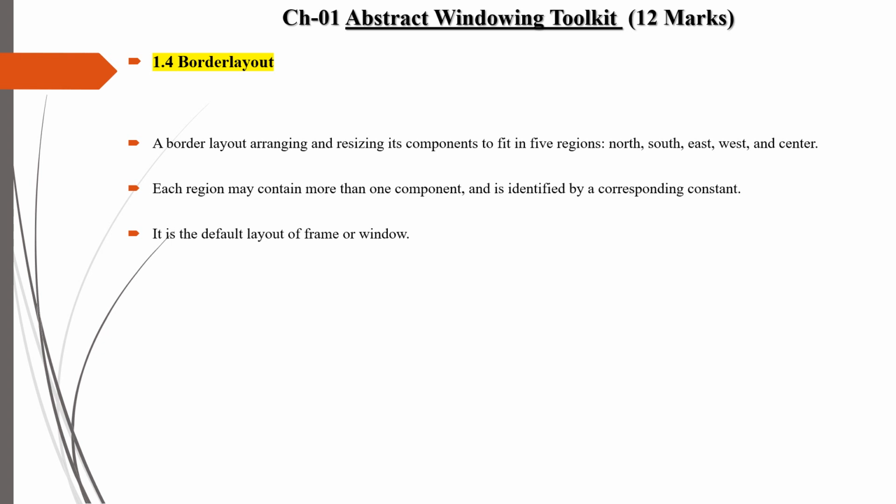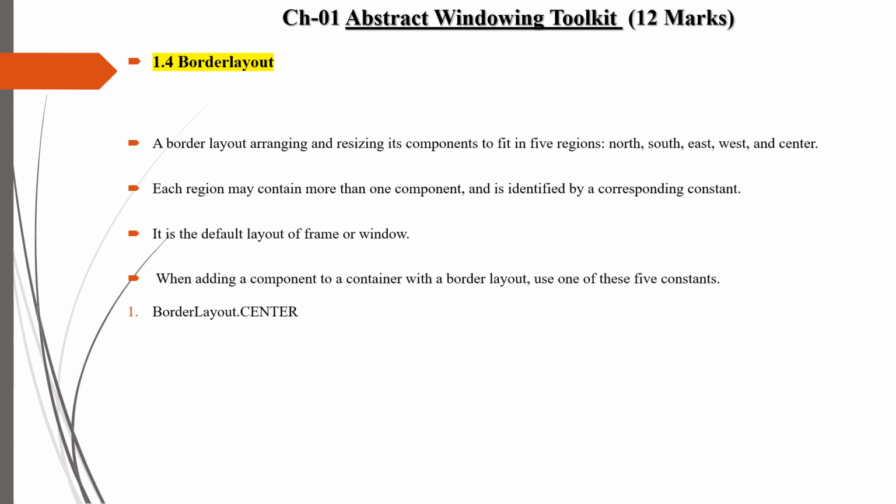So remember one thing, flow layout is the default layout for applet and panel, and border layout is the default layout for frame and window. Many times this question is asked. When adding a component to a container with the border layout, you use one of the 5 constants.